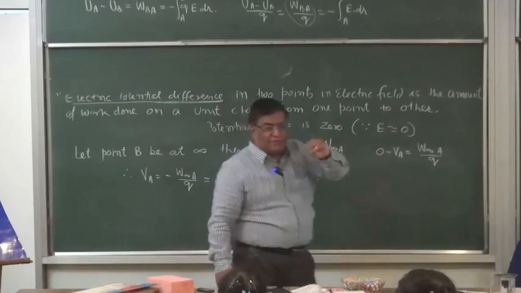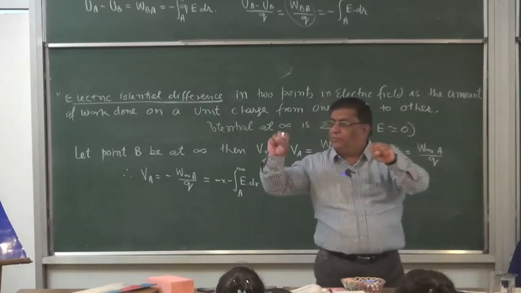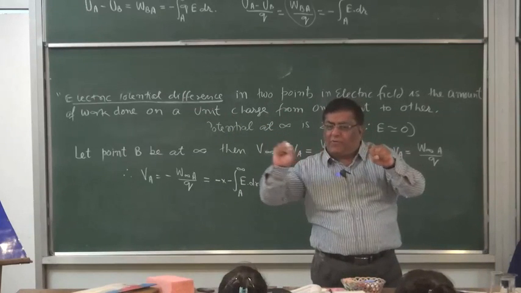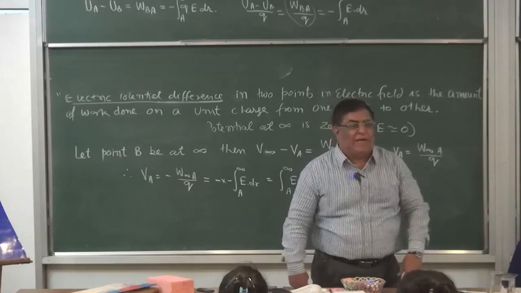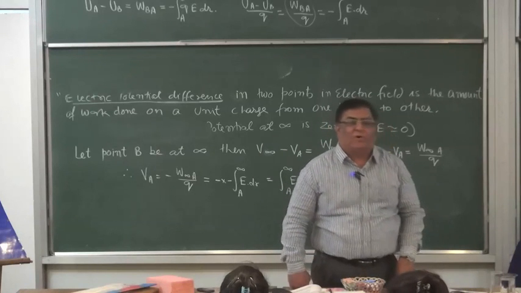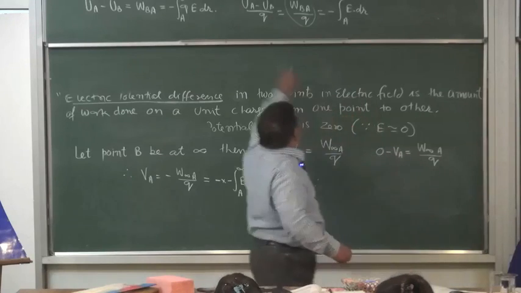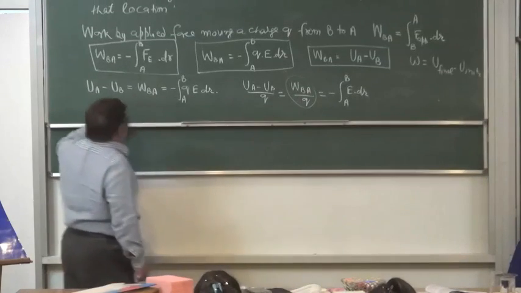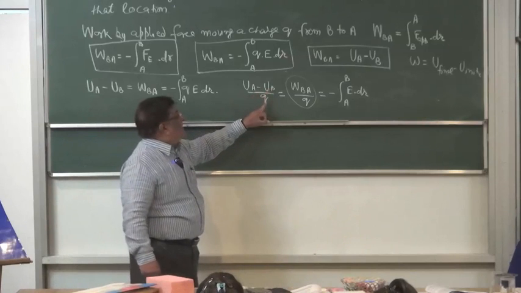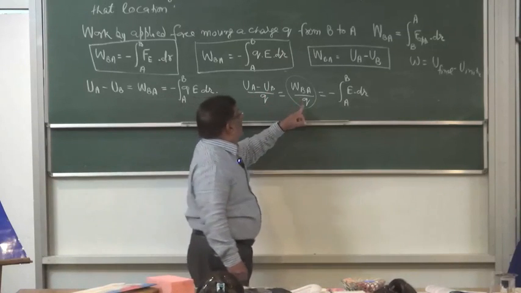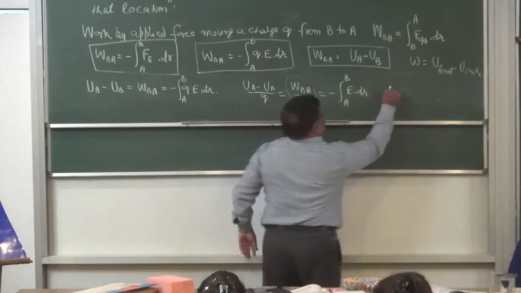If we take a unit charge from point B to point A, then whatever work is done is known as potential difference, because that is the difference of the energy on a unit charge. The difference of energy per unit charge will be known as potential difference.